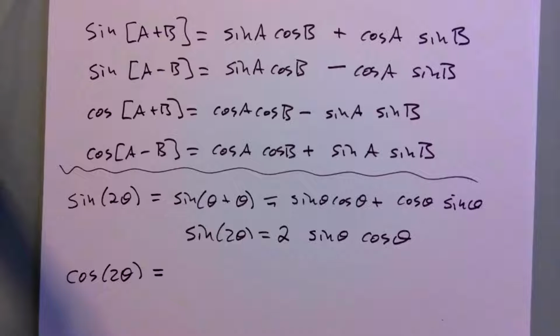You want to generate a rule for cosine 2 theta. And there's actually multiple rules for cos of 2 theta that we could use. But let's see, we've got 38 people watching. Hopefully 1 or 2 can put the answer up. I can see if it's right.